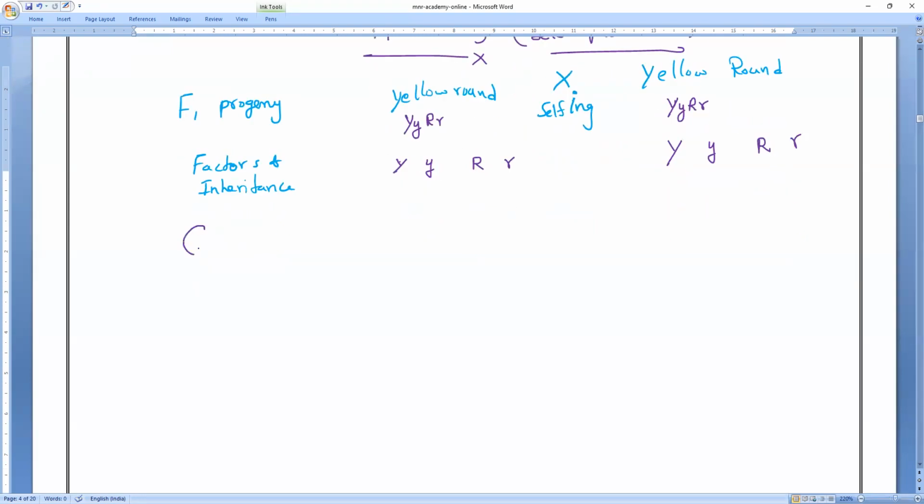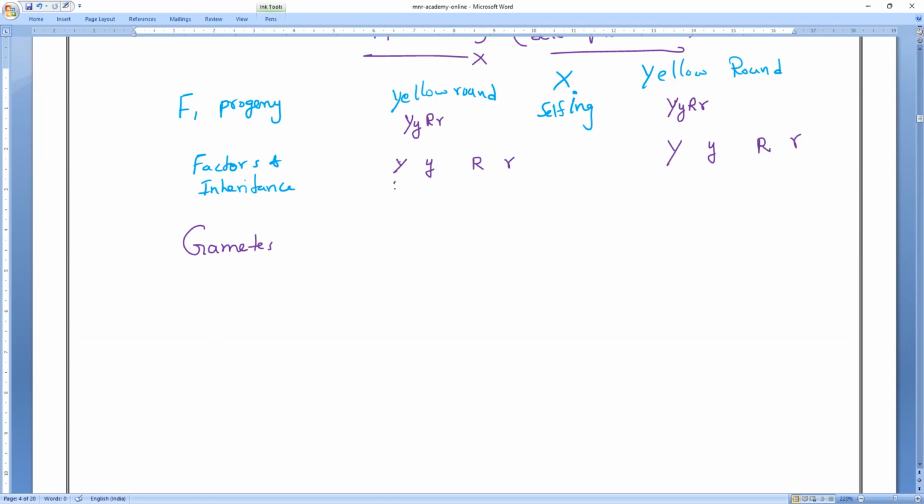Now you have to form the gametes. Each one, tell me what gametes will form. The characters that disappear in the F1 generation will reappear in the F2 generation, so each characteristic will be forming the gamete.